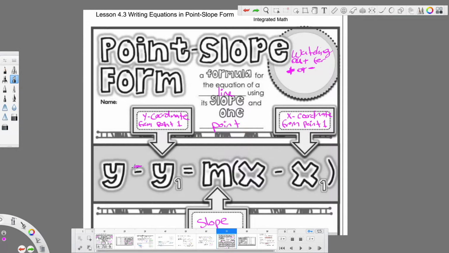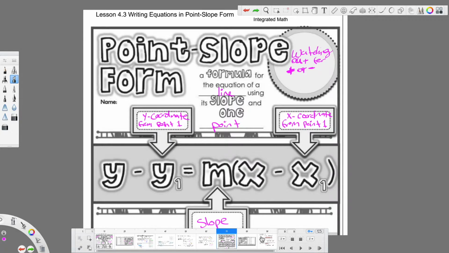So if you see a plus instead of a negative, what it meant was this coordinate was negative, and you had minus negative, so it became a plus. Same thing here. If I see a plus sign, it means I had a minus negative, so this coordinate was actually negative. That's all it's saying. Be careful, because sometimes we see y plus a number, and that meant it was actually negative, and the two negatives reacted to each other there.